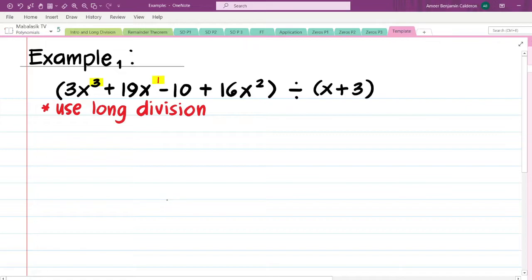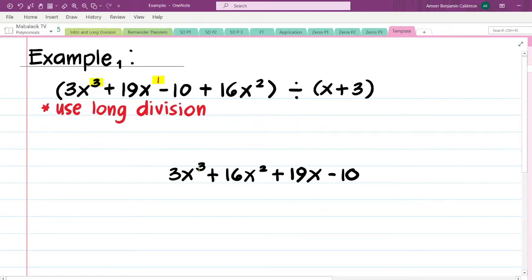So we are going to express this first as a polynomial in standard form. We will have 3x cubed, we will write here 16x squared, so that it will be in decreasing order of exponents. And then we have 19x minus 10. This is our polynomial in standard form.